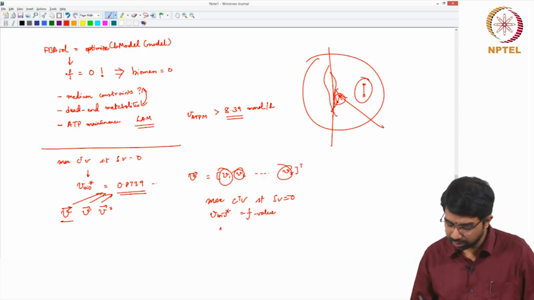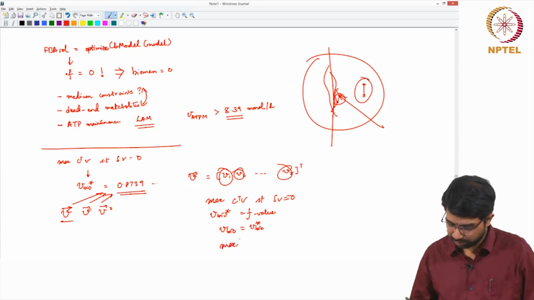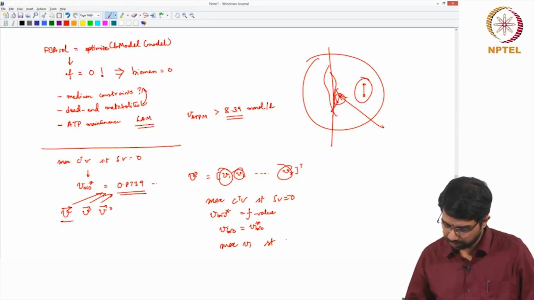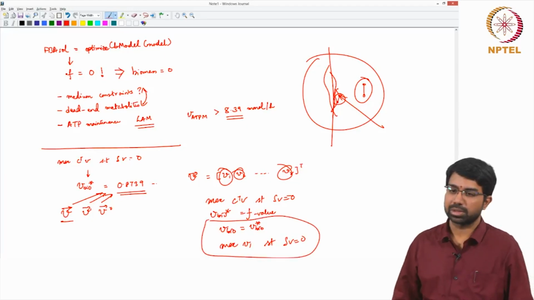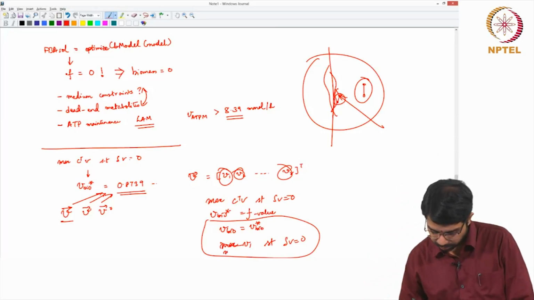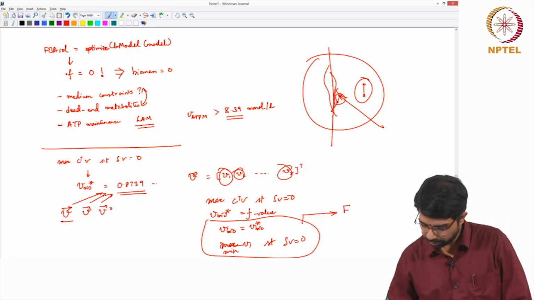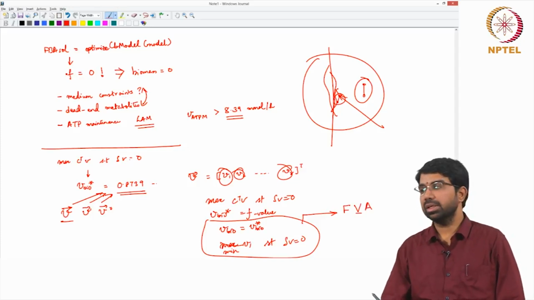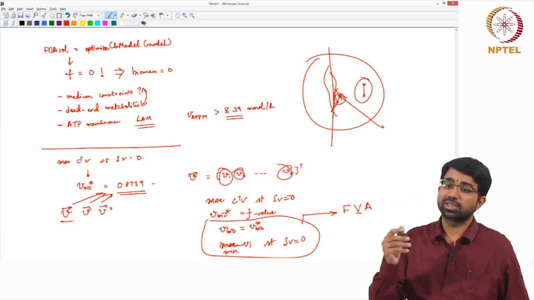Now you add a condition, V bio equals V bio star, and now maximize V1 such that SV equals 0 and V bio equals V bio star. You can also minimize it. This is known as flux variability analysis.